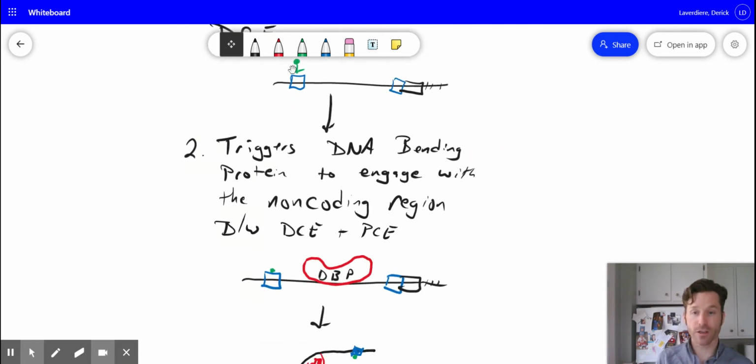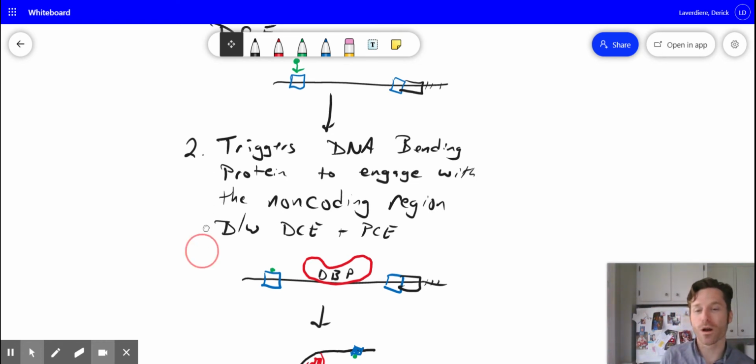Once that activator is engaged with the distal control element, it will trigger another protein to come in and engage with the non-coding region that lies between the control elements. This is a DNA bending protein. It's named that because it bends DNA and it's a protein. Amazing.